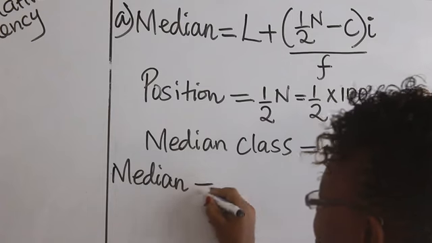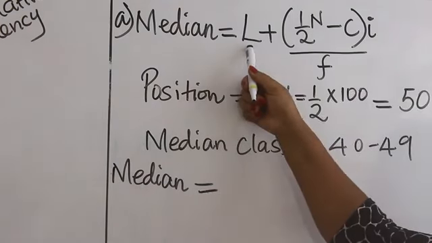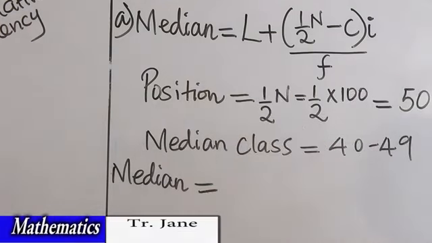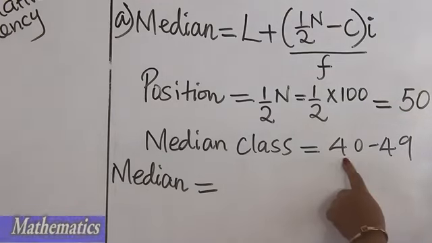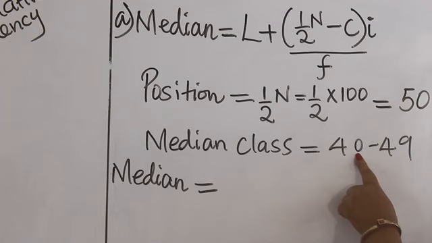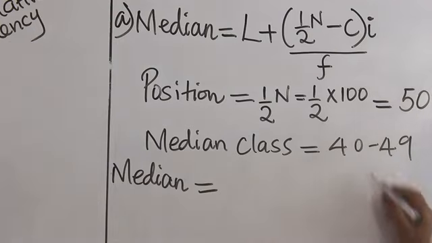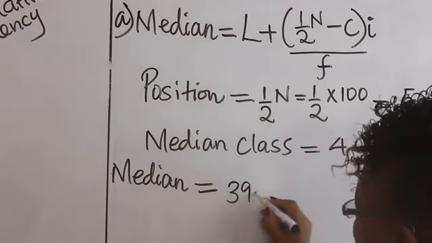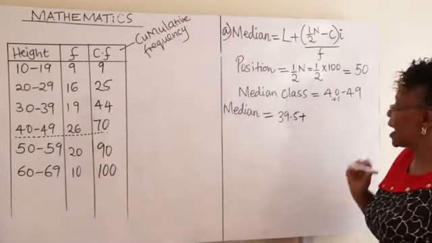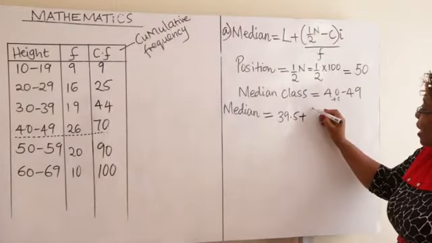Your median is given by the lower class limit. How do you get the lower class limit? You come to the lower number here, and you subtract 0.5. You will get 39.5 plus a half of n.